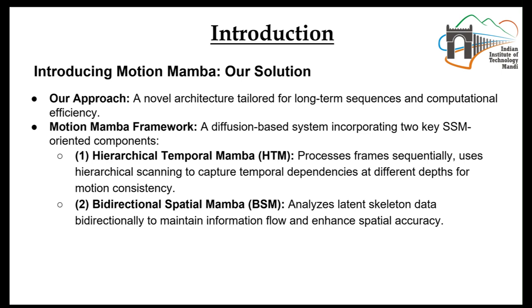Second, the bidirectional spatial Mamba (BSM). This block analyzes the latent skeleton representation bidirectionally to maintain information flow and strengthen the capacity for precise motion generation. The Motion Mamba framework introduces an approach that strikes an exceptional trade-off between accuracy and efficiency.